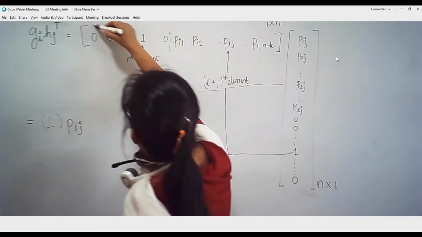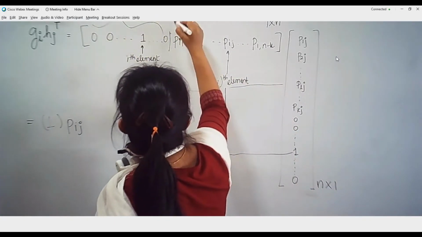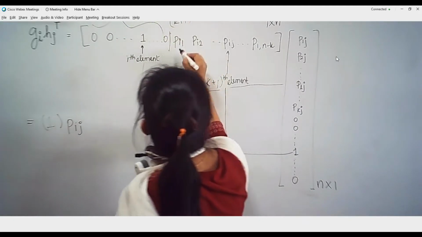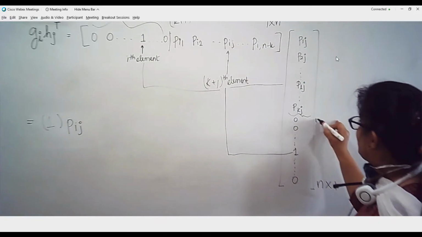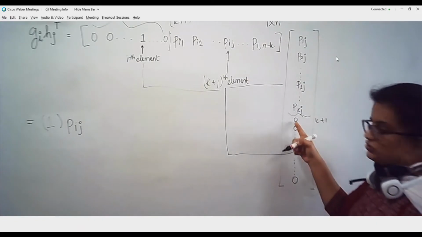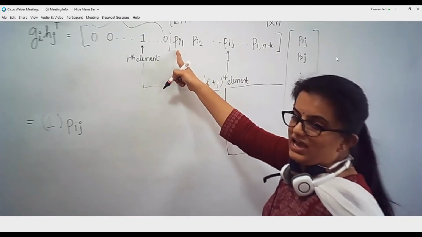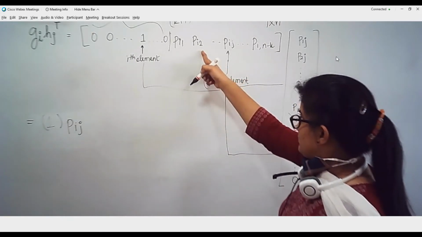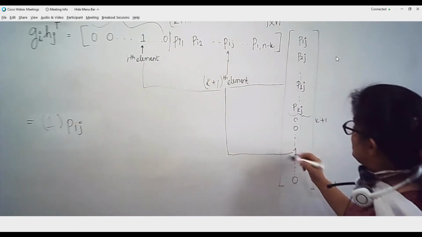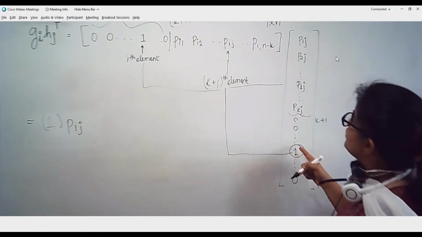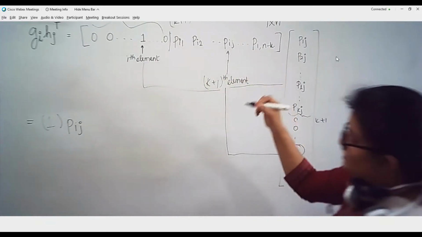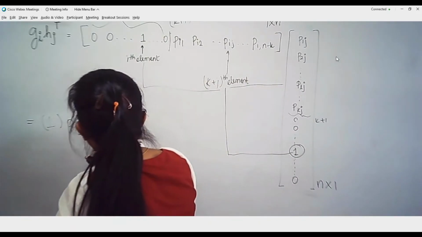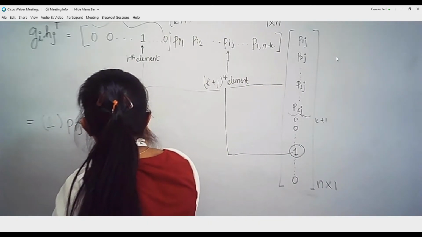Till here we had k elements, so the k plus 1th element would be p i1. Here after k elements I have the k plus 1th element as 0, so 0 multiplied by p i1 will be 0. Everything else would be 0. Only the multiplication of 1 with this p ij will remain. So therefore it is 1 multiplied by p ij.